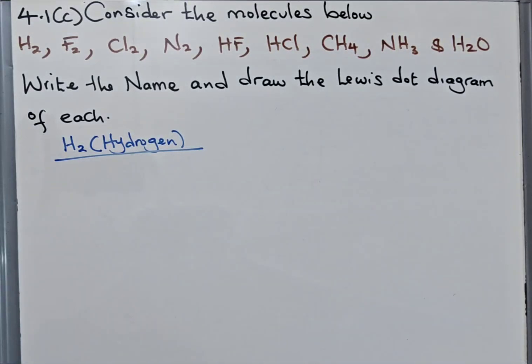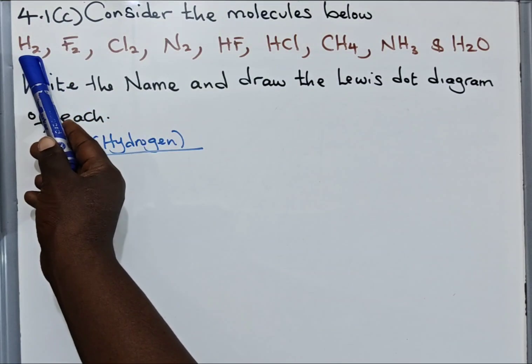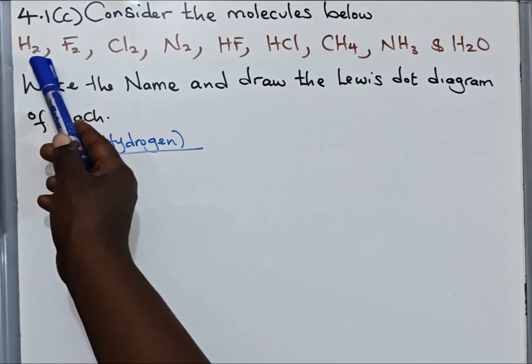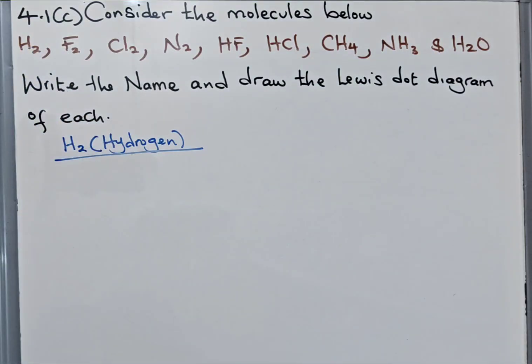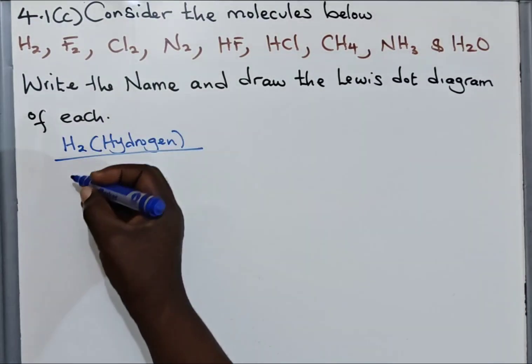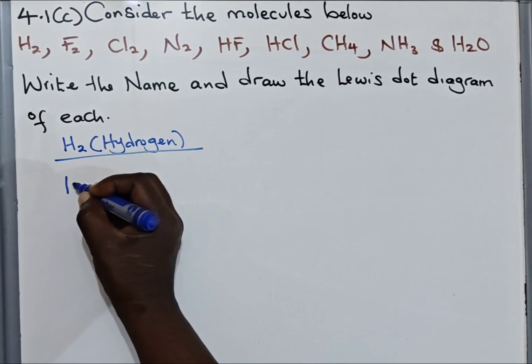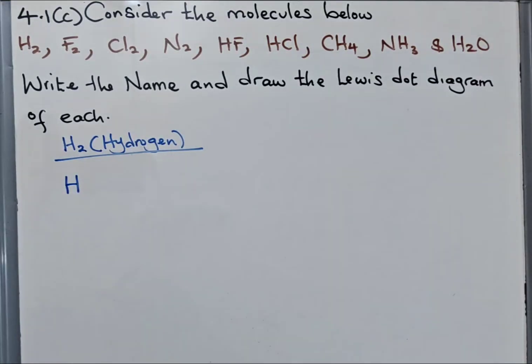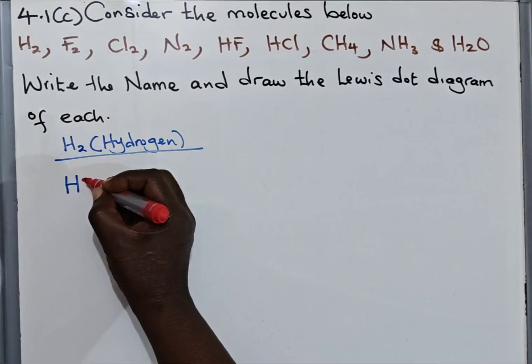The question wants us to draw the Lewis dot diagram. Here we have to understand that we have two hydrogen atoms bonded together. So how do we start? We first look at the Lewis dot diagram of a hydrogen atom. We have to remember that hydrogen belongs to group 1, so it has one unpaired electron.